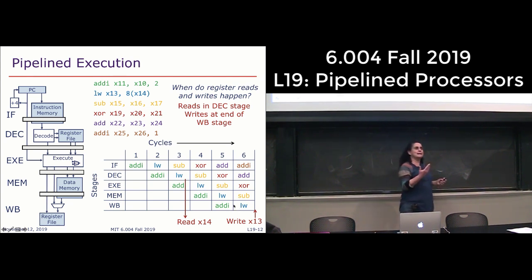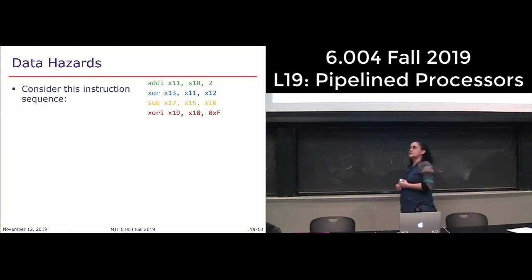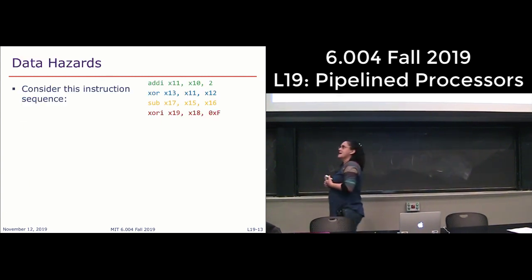Okay, but I'm getting it towards the beginning of cycle 6, and so I still have enough time to take that value that I fetched from my memory and write it back to the register in my write back stage. And so effectively, things look the same here. I'm reading in the decode stage, and then I'm writing at the end of the write back stage. Okay? All right, terrific. So far so good.